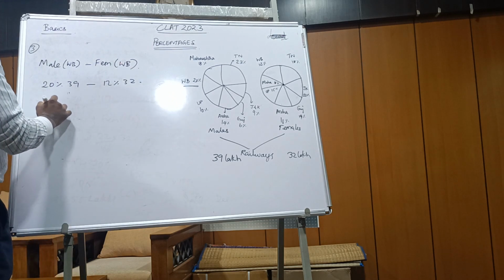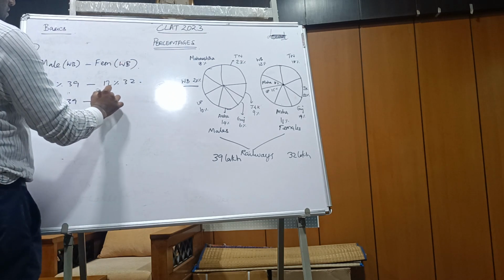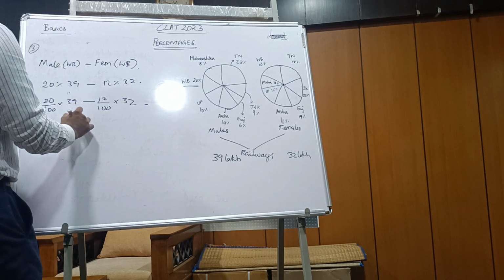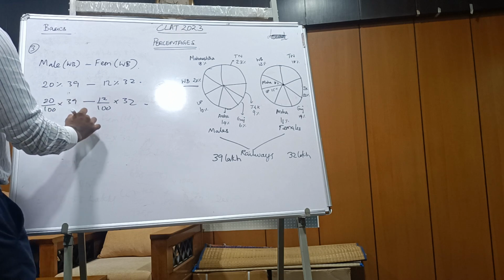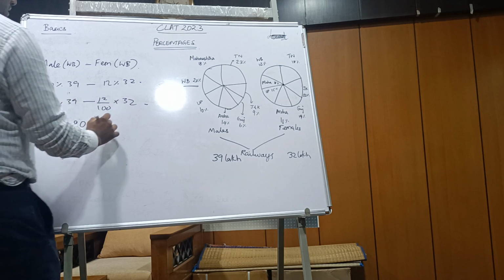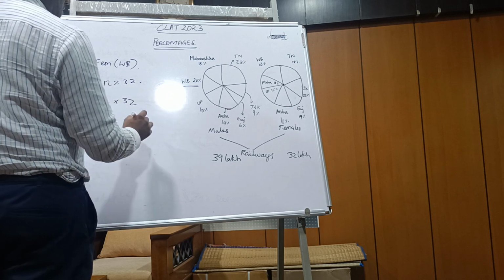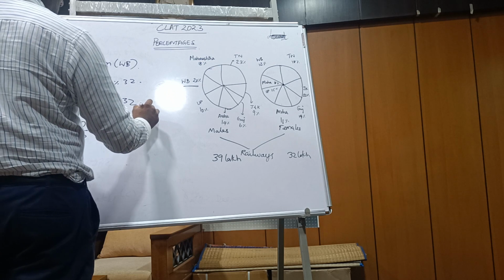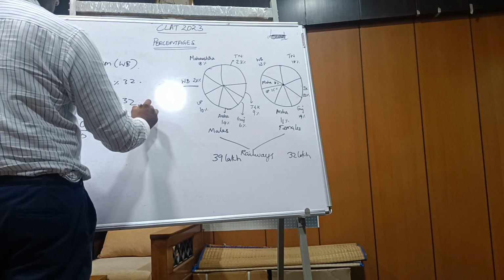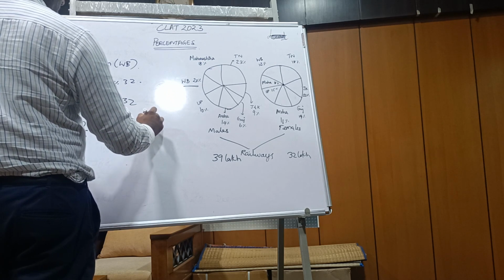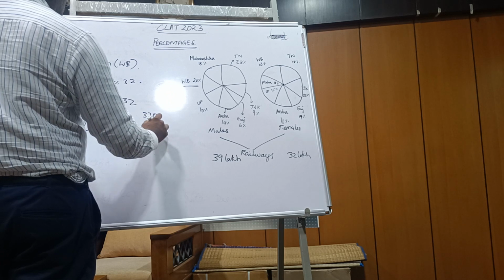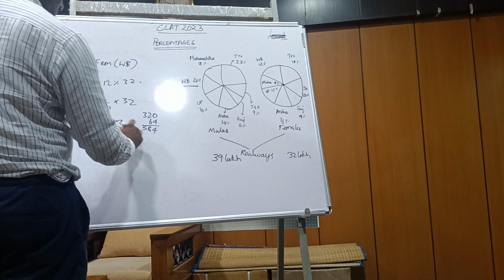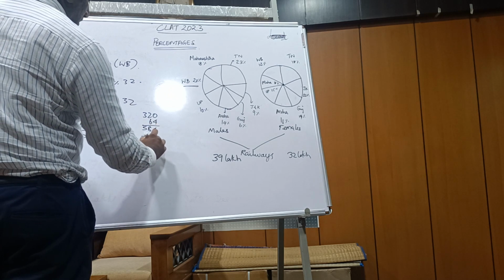So we say 20 by 100 into 39 minus 12 by 100 into 32. Here it is 780 by 100 minus 384 by 100, so 780 minus 384.